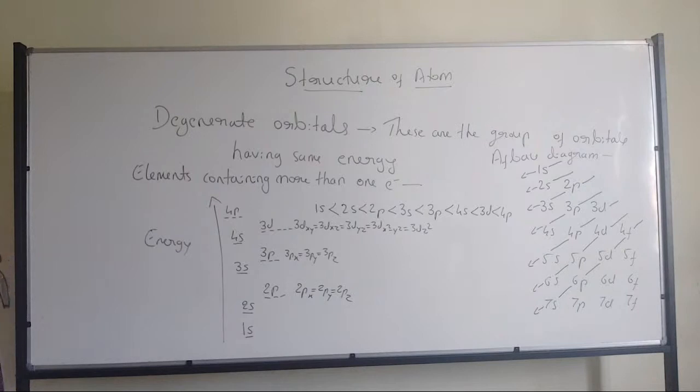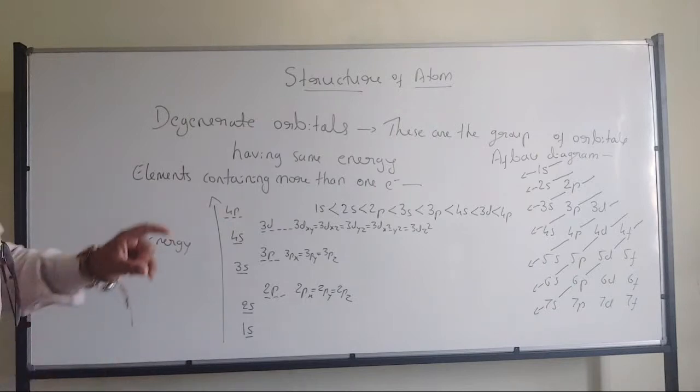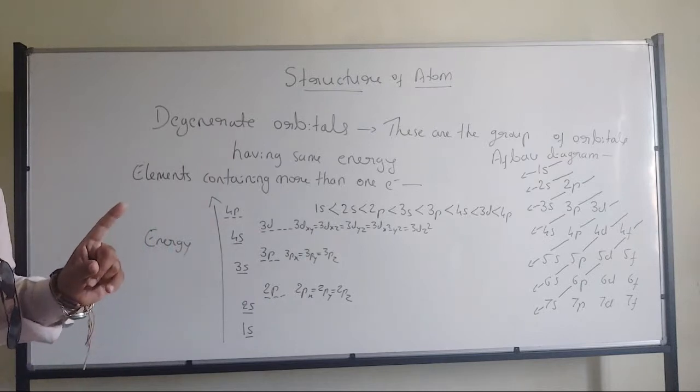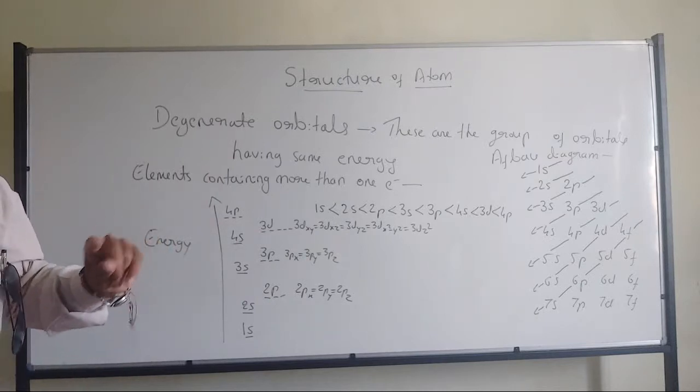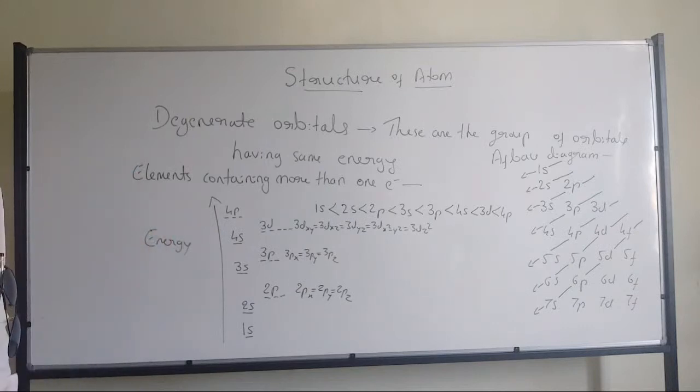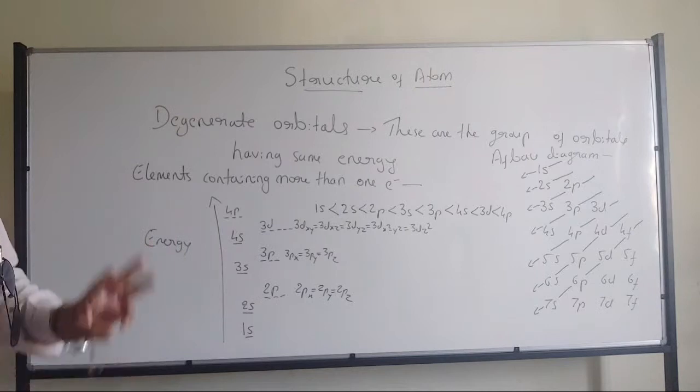What I mean to tell here is, when it comes to other elements other than hydrogen, orbitals present in the same subshell, listen to me carefully, can be degenerate orbitals. Like in 2p, we have 2px, 2py, 2pz, three orbitals.